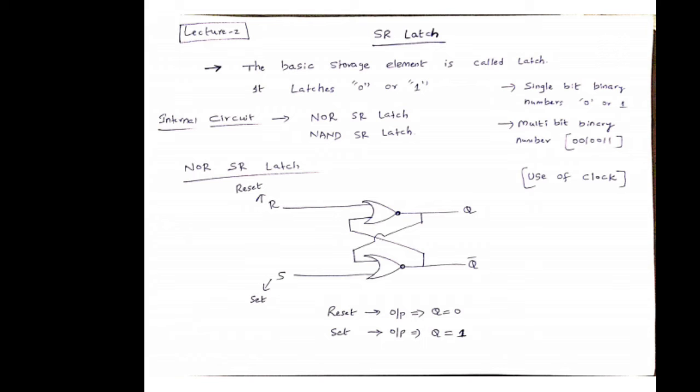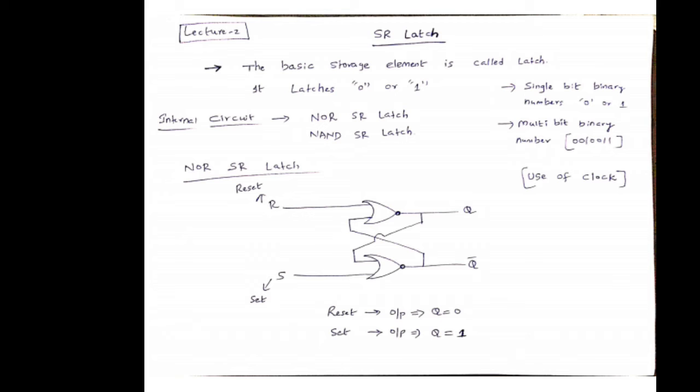It cannot change instantaneously or accidentally. With the help of this clock signal we are able to control the input signal. That is the important point you have to know. And a latch is a non-clocked flip-flop. Latch is nothing but a non-clocked flip-flop.